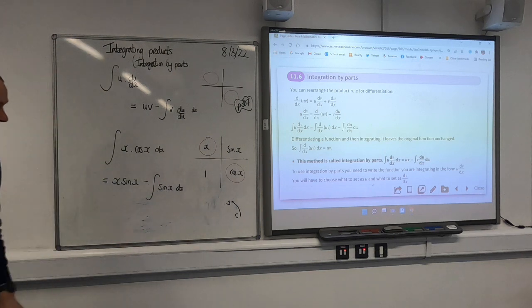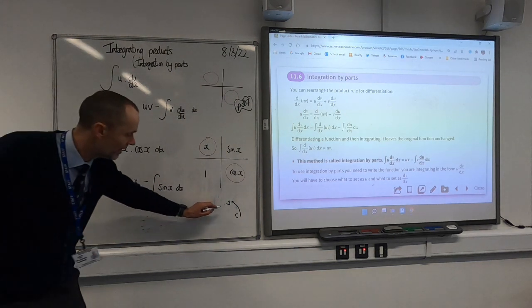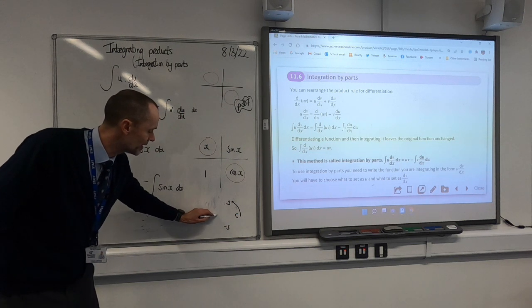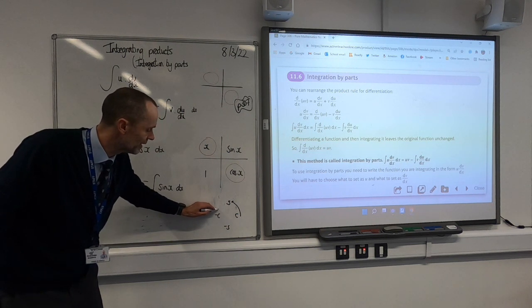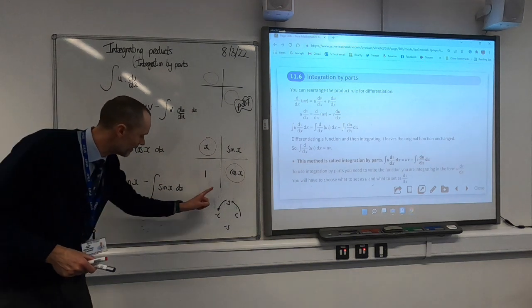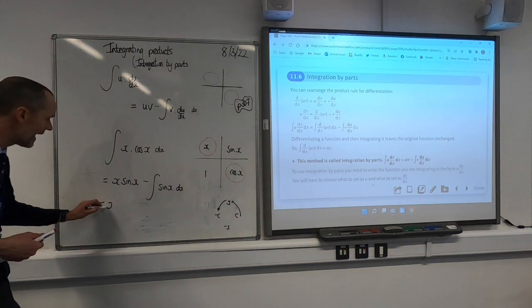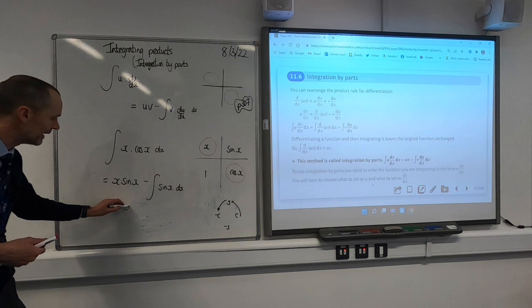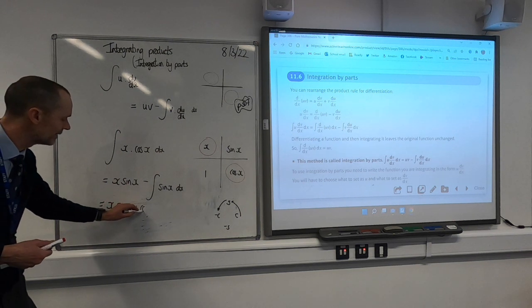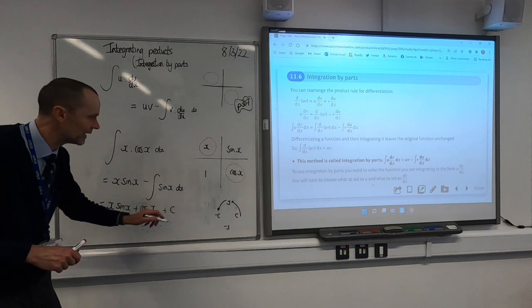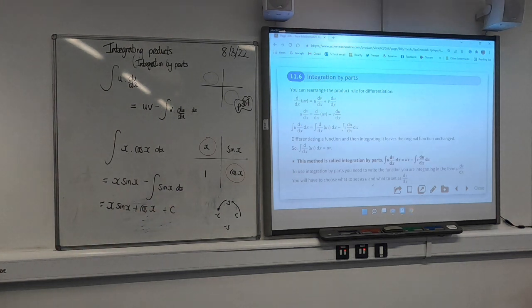And I can integrate sine x because I know that sine becomes cos, cos becomes minus sine becomes minus cos. So when I integrate sine, I get minus cos, but I've already got a minus here. So actually I end up with x sine x plus cos x plus c. So there you go. I've saved c to the end.